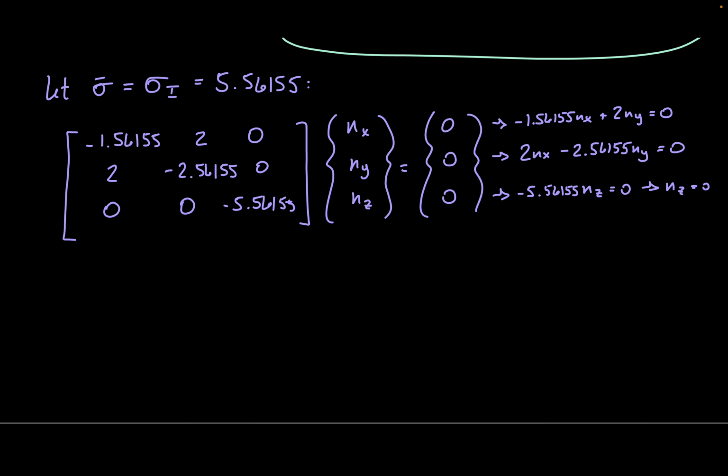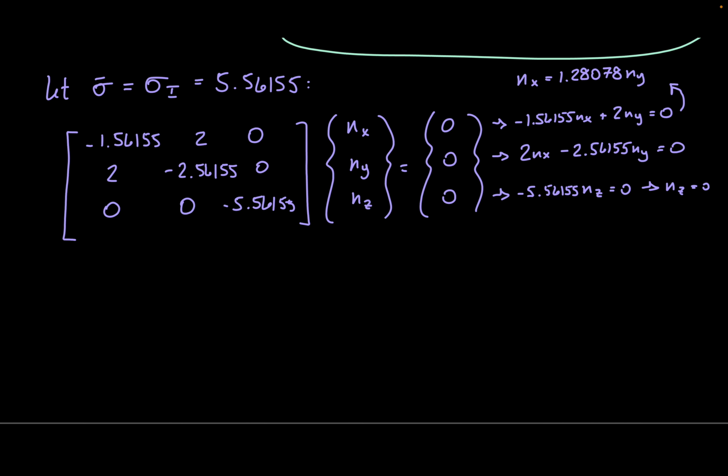Okay, so now we have these equations. And then, in fact, with this first one, what I'm going to do is isolate it and then solve for nx, simply by dividing by negative 1.56155. So we get nx is equal to, essentially we'll have to add it over and then divide by the 1.56155. So we'll get 1.28078 n sub y.